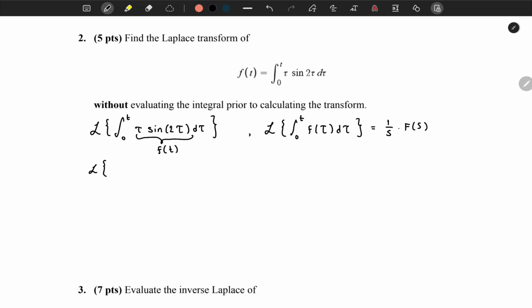For tau, we can just replace the tau with t. So we have t sine 2t. Now, how would we find the Laplace of this?